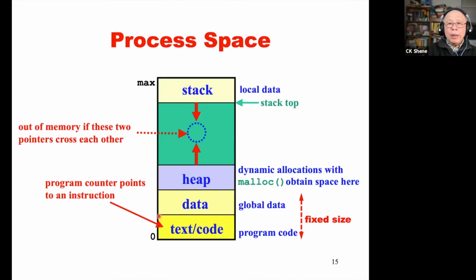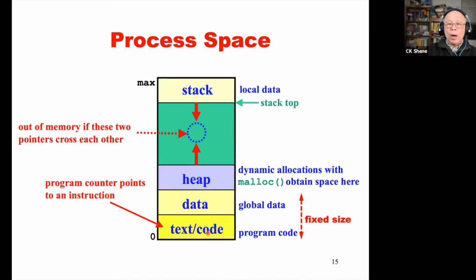Once you know this, when you type a.out and return, the loader asks the operating system to give you a section of memory. This is referred to as the process space for your program.